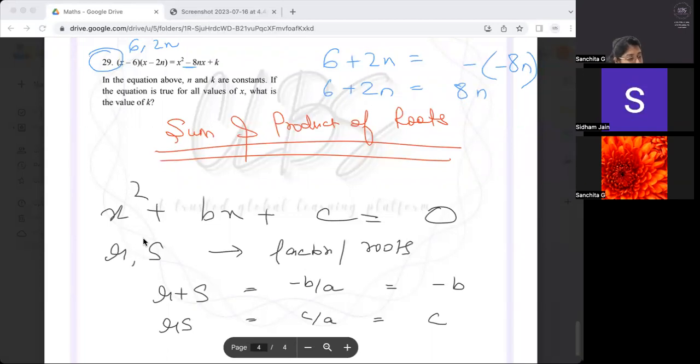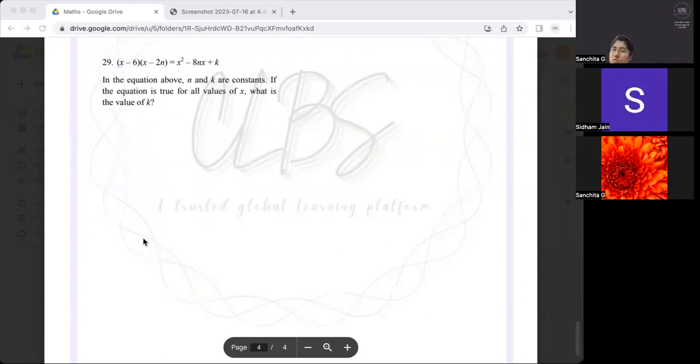Or we can actually simplify this: 6n is equal to 6, so n is equal to 1. Now I can take my constant term, so it's 12n, and 12n is equal to k. So k is 12. Clear? So this is one way to solve the question.